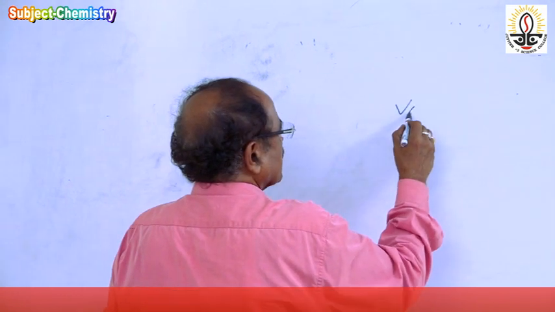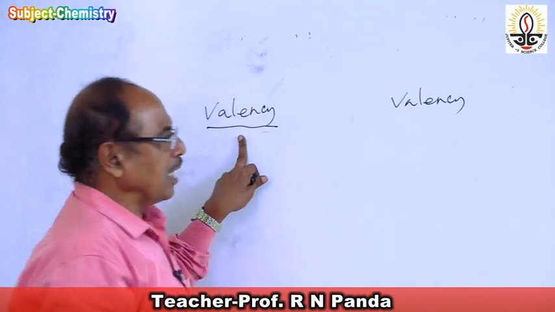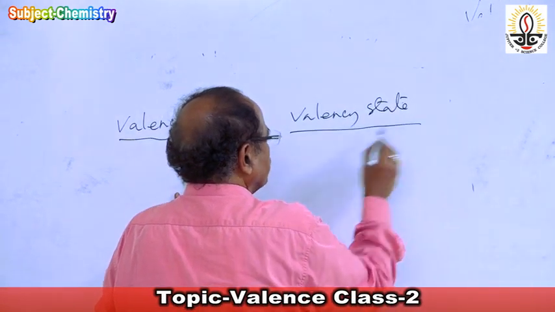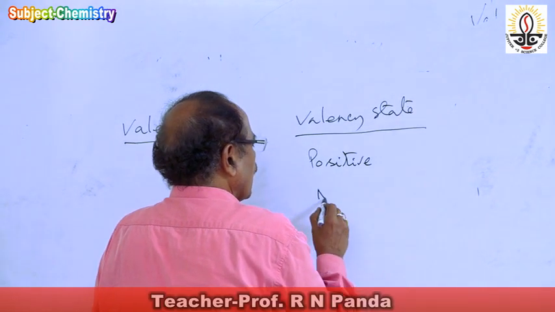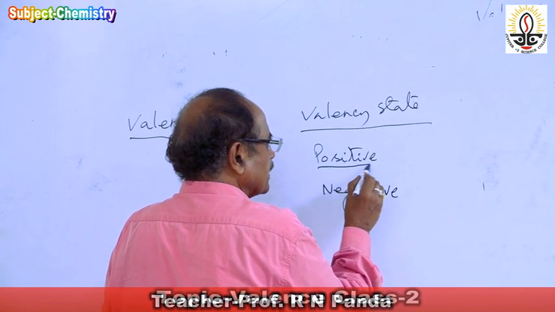Now I will come to valency and valency state. Valency is a number and does not have any charge, but valency state can be positive, and it can also be negative.